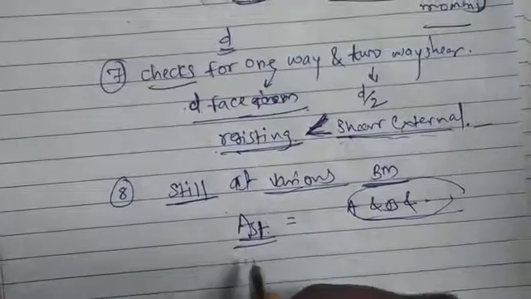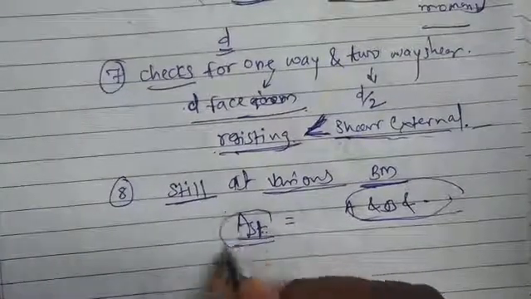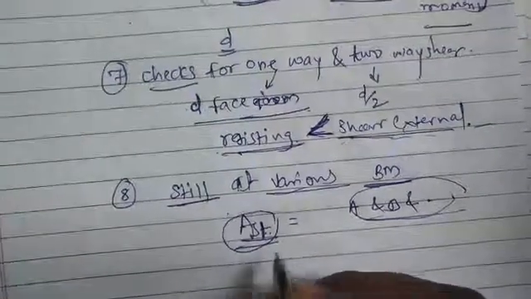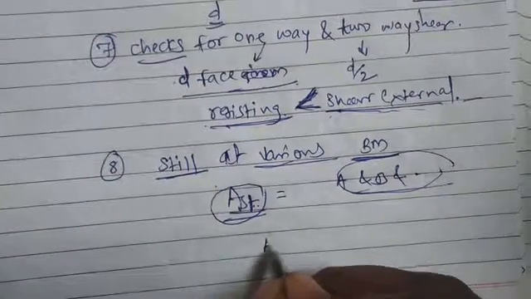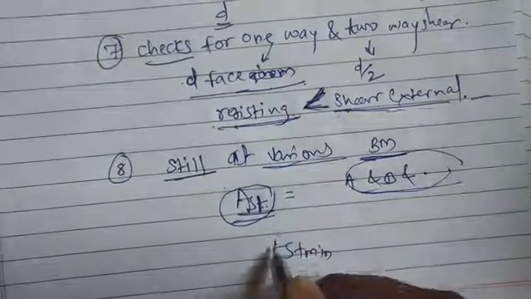After calculating these Ast values, we compare all of them with Ast minimum at any section.